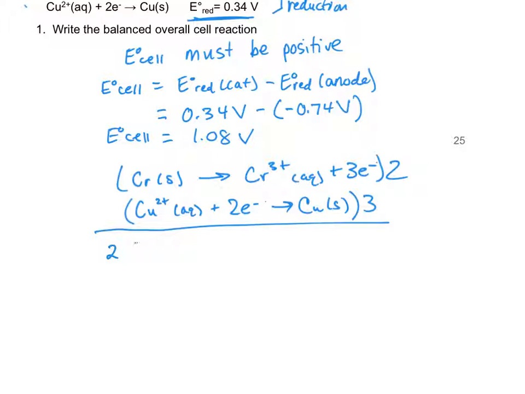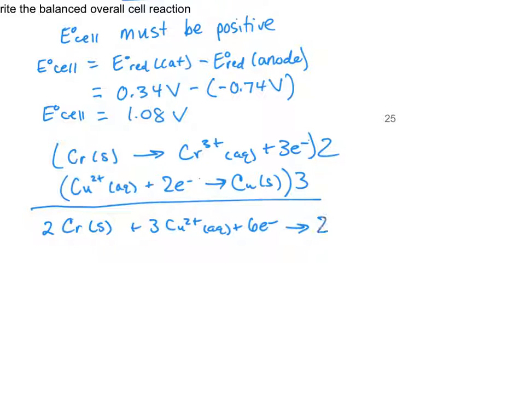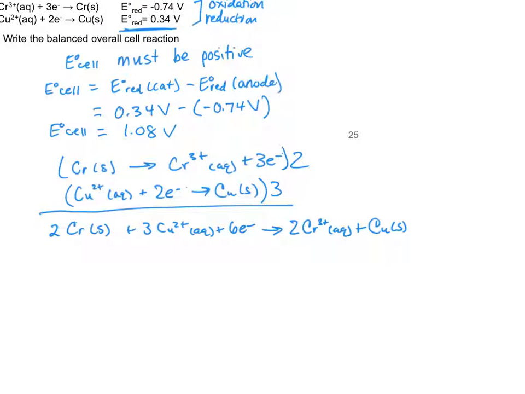So we'll have 2 chromium plus 3 copper ion plus 6 electrons, forming 2 chromium ion plus copper solid plus 6 electrons.